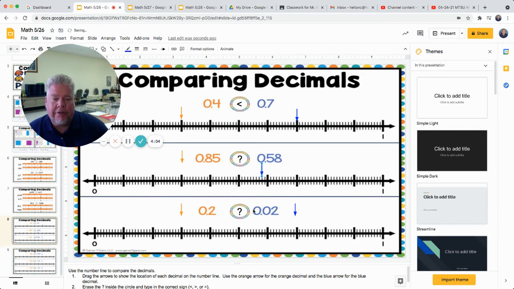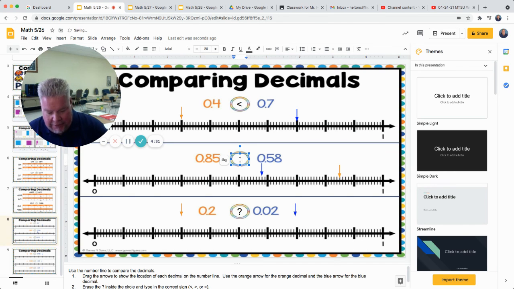Right there. 85 hundredths, okay, this is 50 hundredths, 60 hundredths, 70 hundredths, 80 hundredths, 81, 82, 83, 84, 85 hundredths. Where was it at? I lost my place now. Come here, arrow. 60 hundredths, 70 hundredths, 80 hundredths, 1, 2, 3, 4. 85 hundredths right there. So 85 hundredths is larger than 58 hundredths.